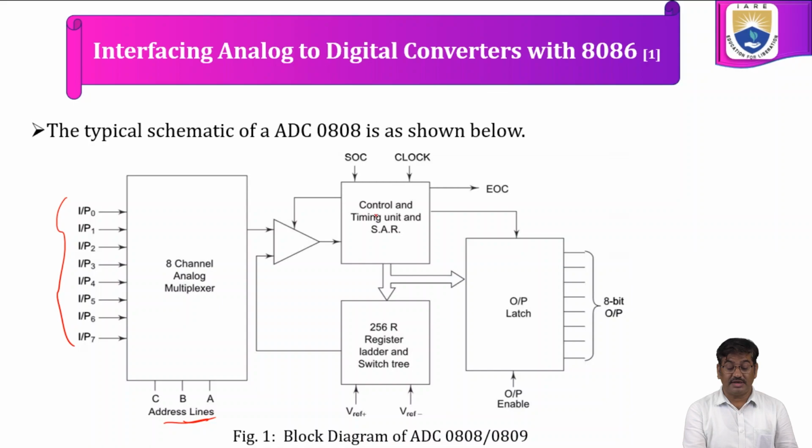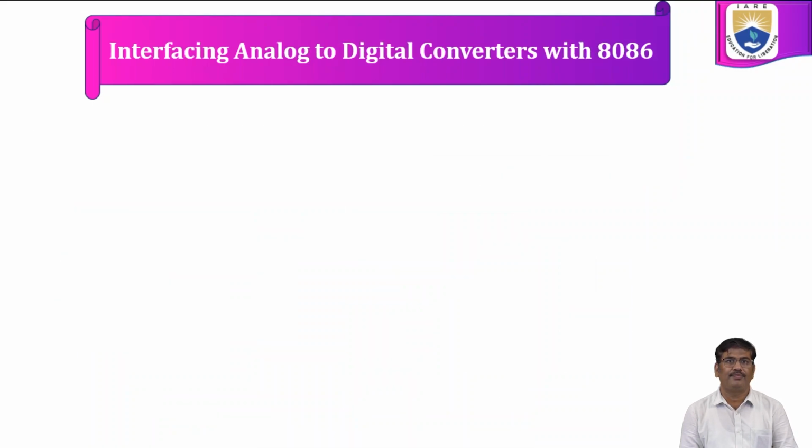Once the input is selected, we give the SOC pulse, as 0, 1, 0. Once the SOC pulse is given, we check for EOC. Once EOC is equal to 1, we read the equivalent digital 8-bit data.